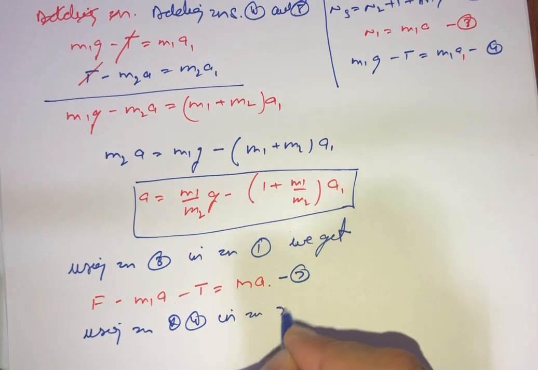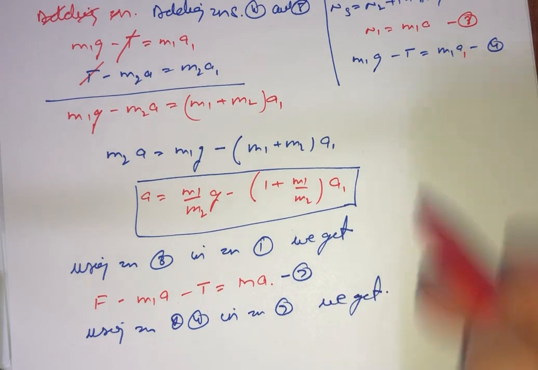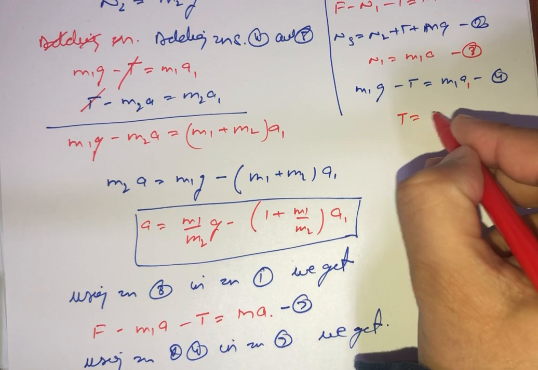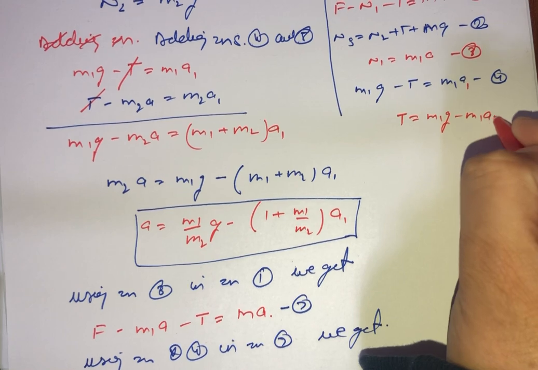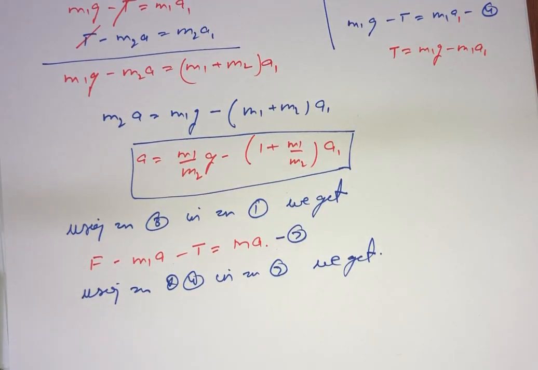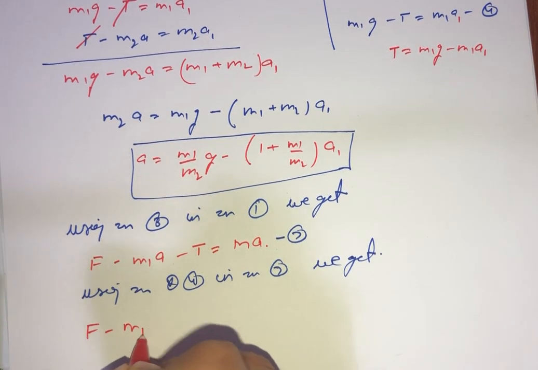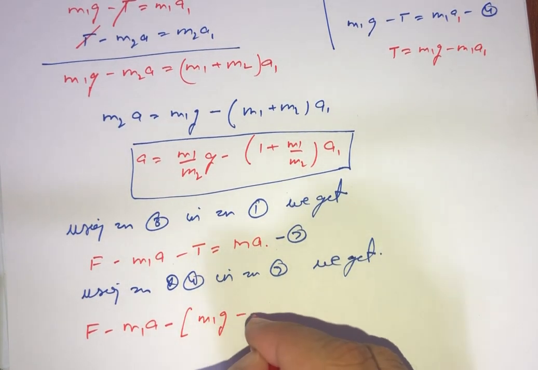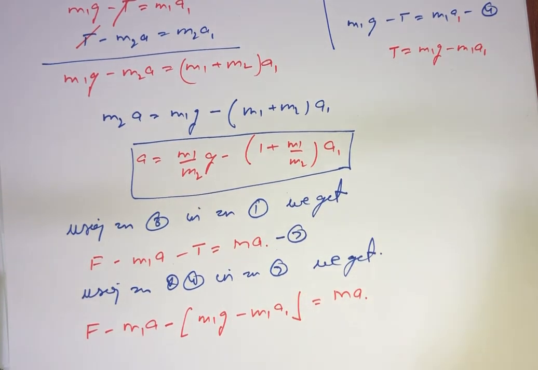In equation 7, from here we can write the value of T will be equal to m1g minus m1a1. So we put the value of T, and we get the equation as F minus m1a minus (m1g minus m1a1) is equal to Ma.